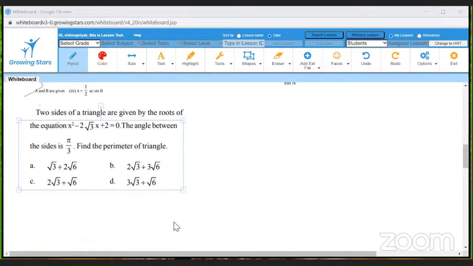Kumar said B. Lohit said C. Tarun said C. So C is the correct answer. Now, how is C the correct answer?